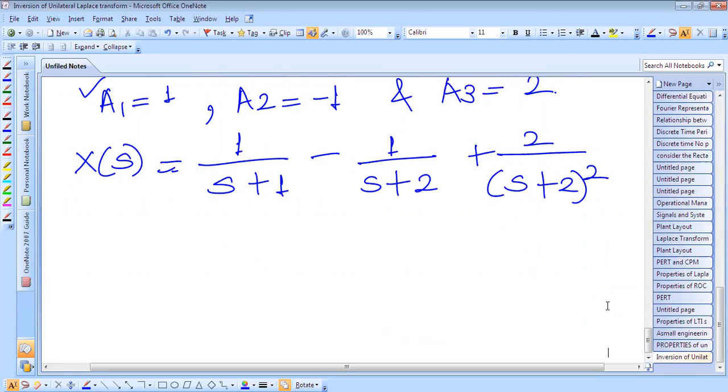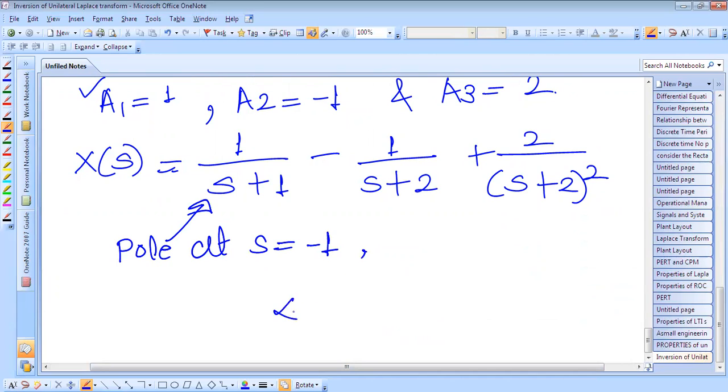The pole of the first term is at s is equal to minus 1. So we can write the pair for this. It is 1 over (s plus 1) in the s domain, okay, so unilateral Laplace transform.